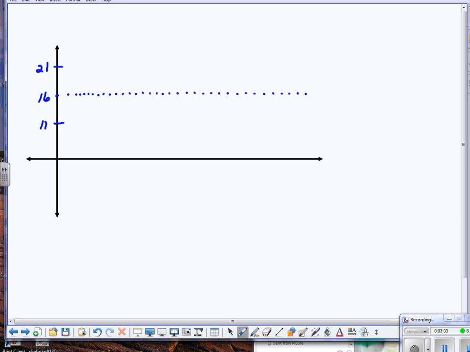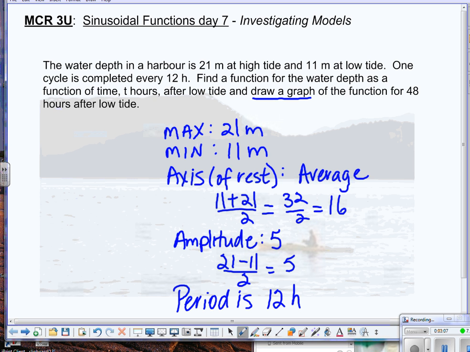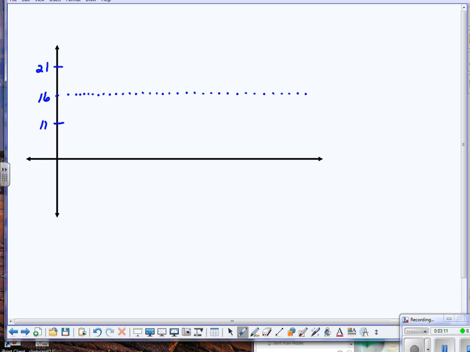We wanted our graph to start at low tide. So draw a graph of the function for 48 hours after low tide. So I know my graph is going to start at the 11. I want to have a cycle every 12 and I want to show it for 48.